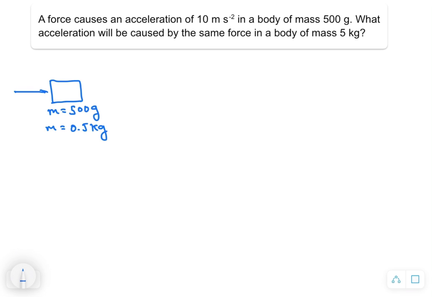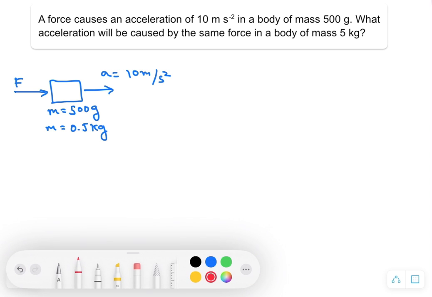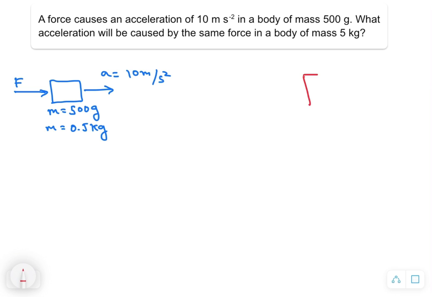Now there is a force acting on this body which causes an acceleration of 10 meters per second square. Same force is acting on another body which is having mass of 5 kg. What is the acceleration caused by this force?